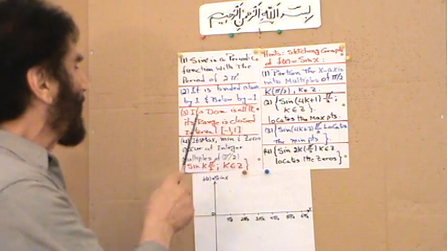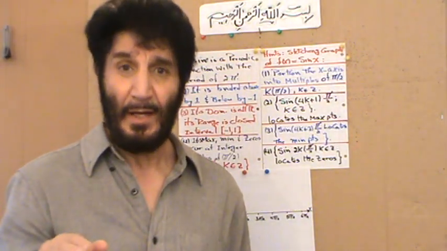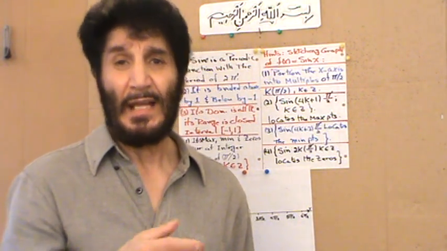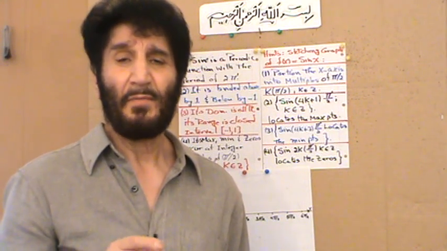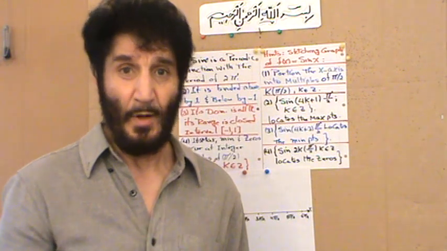What else we know about that is that its domain is the entire set of real numbers. And the range of that, as I already said, is bounded between 1 and -1. So the range of that will be the closed interval from -1 to 1.